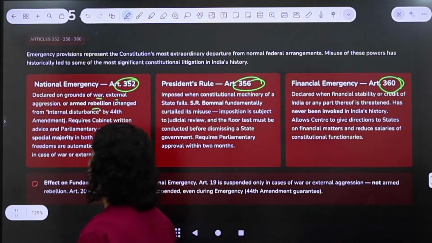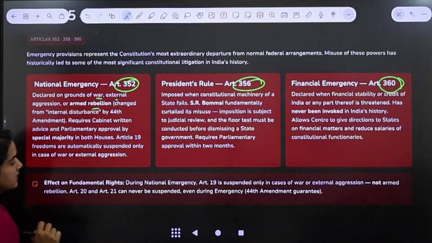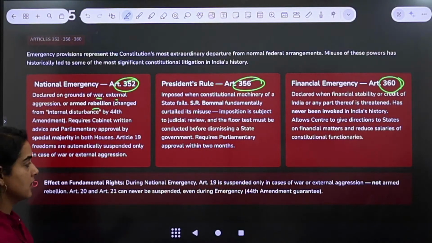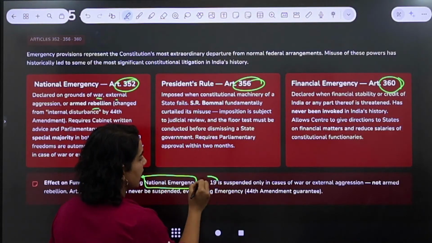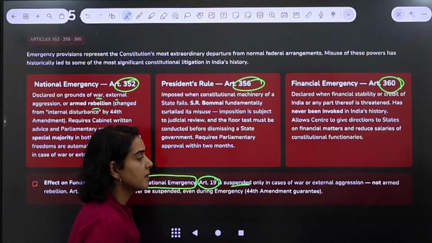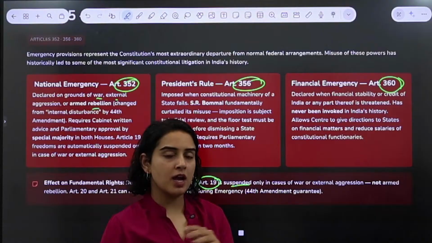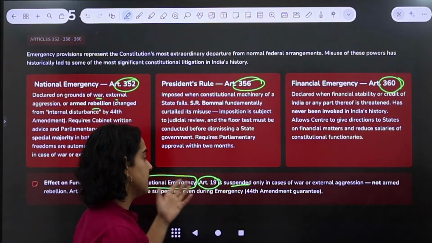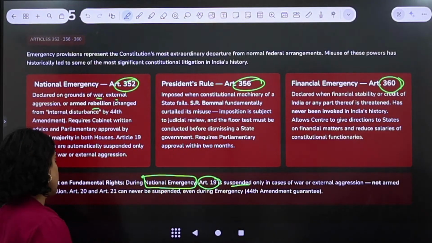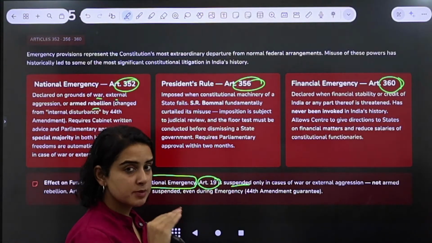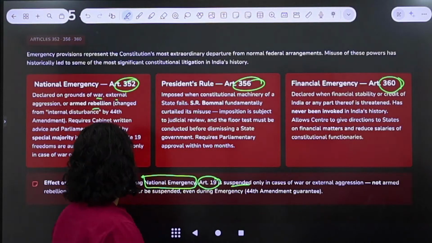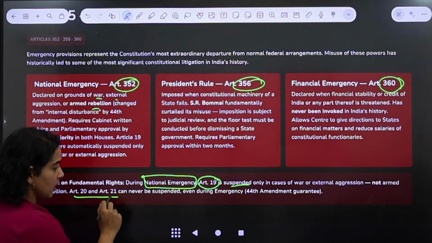And now let's understand what are going to be the impact of these emergencies on your fundamental rights. Whenever there is a national emergency, Article 19 is suspended, which means the six freedoms that you have, you do not have whenever there is national emergency. Two fundamental rights which can never be suspended in any form are under Article 20 and Article 21.